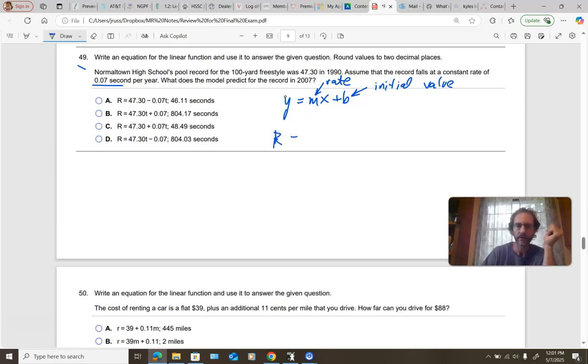So the record is going to be equal to the rate, because it's falling, guys, it's negative 0.07, times time, or the number of years, plus whatever the original record is, which is 47.3 seconds. Okay, so the 100-yard freestyle, if you know anything about swimming, in an Olympic-sized pool, that's up and back.